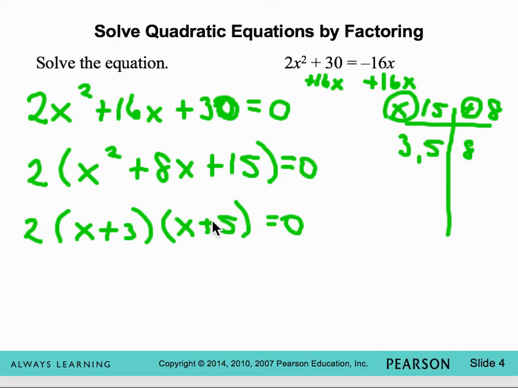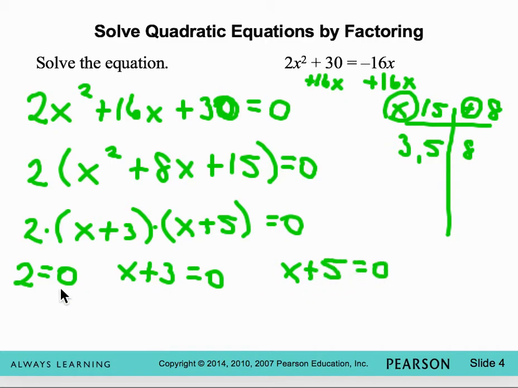Okay, now think about this. This time I have three things multiplied together that equal 0. If I have things multiplied together that equal 0, at least one of them has to be 0. So either 2 has to be 0, x plus 3 has to be 0, or x plus 5 has to be 0. But 2 is not 0.